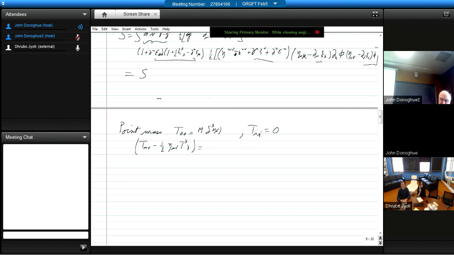We're sitting there at rest. But T lambda lambda is then the same as T00. So you get 1/2 m delta 3 of x. You get a 1 in the first place. For the next terms, the ij terms, just this last piece contributes, so I get a 1, 1, 1.